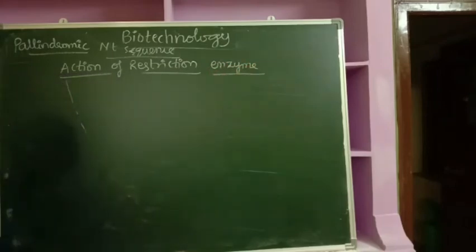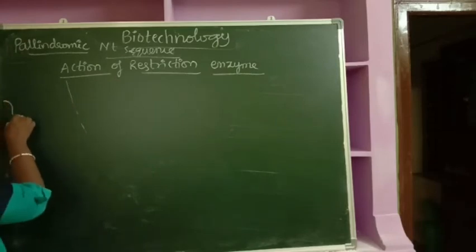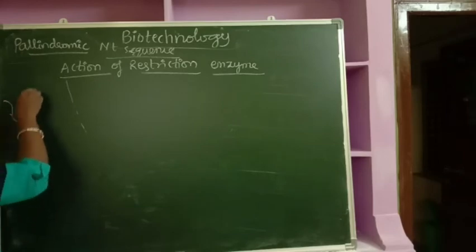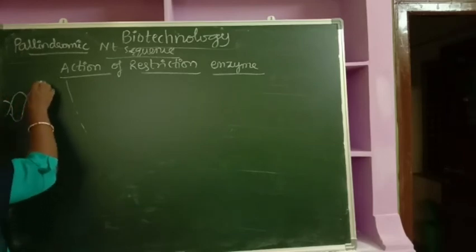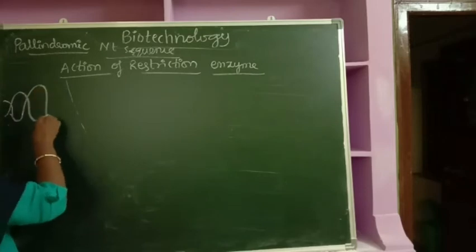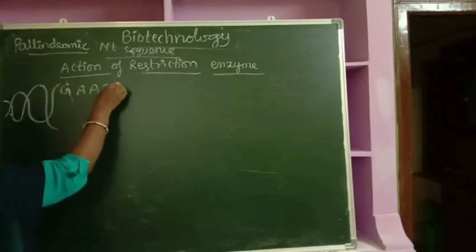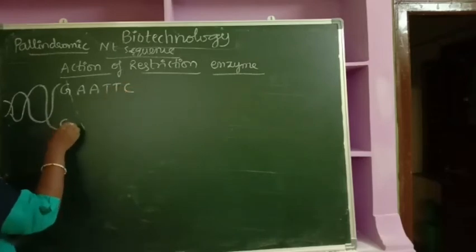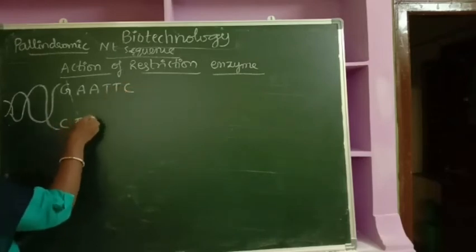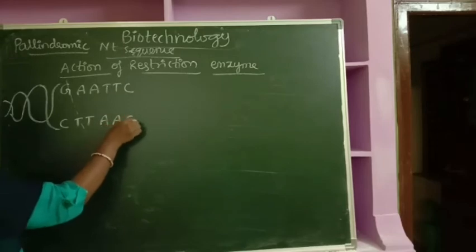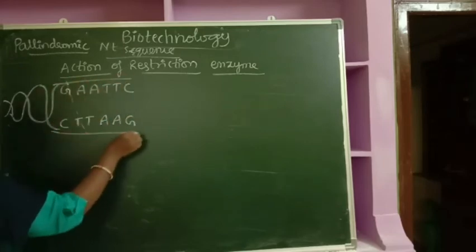Now when we take the action of restriction enzyme, what exactly happens here is, let us take this as a vector DNA. This vector DNA starts with GAATTC. The opposite strand will have CTTAAG.